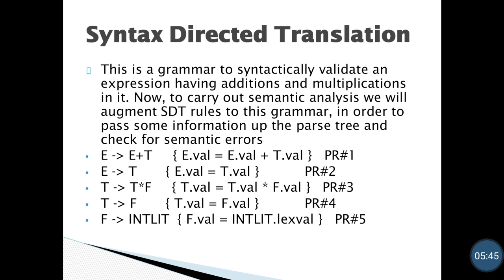For the production rule E goes to E plus T, we will add the augmented rule E.value is equal to E.value plus T.value. For E goes to T, we will add E.value is equal to T.value, and T.value is equal to T.value into F.value, and for T goes to F, T.value is equal to F.value.